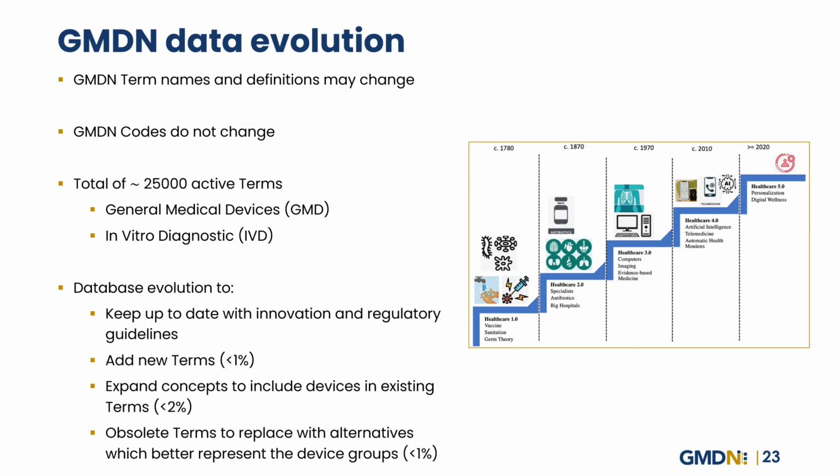And of course, as I said, it's an important activity of ours to be constantly in touch with the industry and with regulators to create and maintain the concepts in the database. New terms are added. Yearly, it represents about 1% of new terms in the database, 2% of expanded concepts, and sometimes terms are removed, so they are inactivated or made obsolete and replaced with alternatives to better represent the device groups.